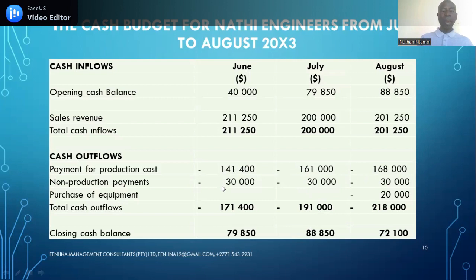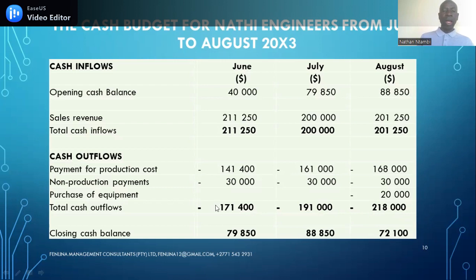Then non-production payments of 3,000 each month will just be plugged in without any changes. And then purchase of equipment of 20,000 will also be included in August, as indicated in the question, which gives us our total cash outflows as 171,400 plus 191,000 plus 18,000.